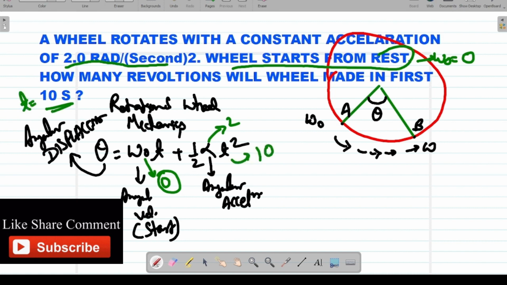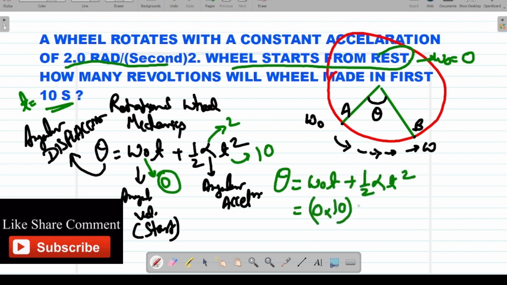So in the given equation, theta equal to omega 0 t plus half alpha t square, time is given, angular acceleration is given, angular velocity at start is given, then we can easily calculate the angular displacement. So angular displacement will be omega 0 t plus half alpha t square, and putting the values we will get 0 into 10 plus half into 2 into time square, means 10 square.